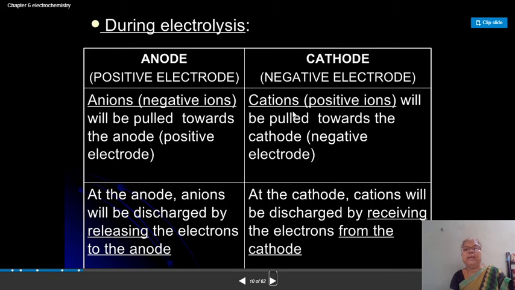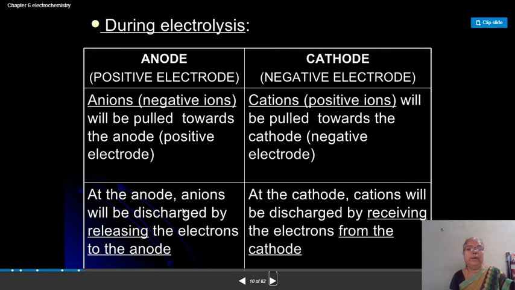Here cations, meaning positive ions, will be pulled towards the cathode. That means cathode is our negative electrode. Then at the anode, anions will be discharged by releasing the electrons to the anode.